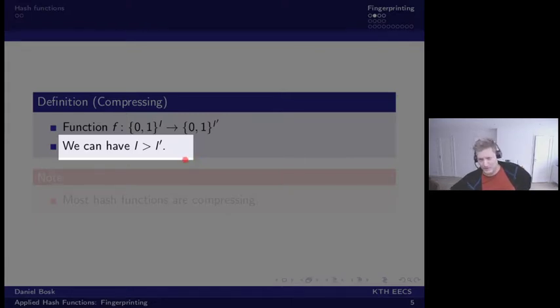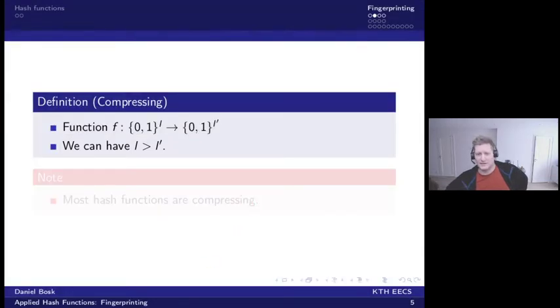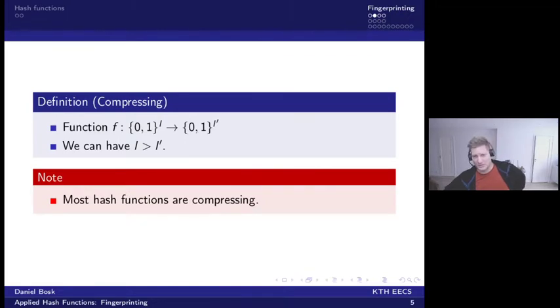The reason for this is that, of course, we want a fingerprint to be smaller than the thing we want to fingerprint, because otherwise we might just as well use the data itself that we want to compute a fingerprint for. That's unnecessary. We want to have something smaller. Fortunately, most hash functions provide this property that they are compressing.